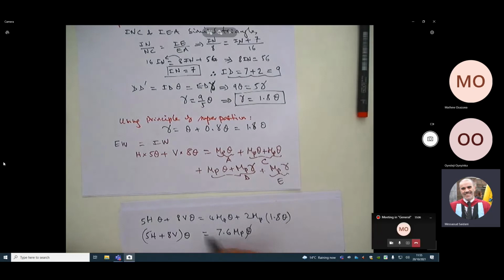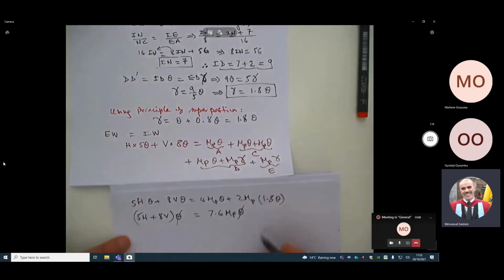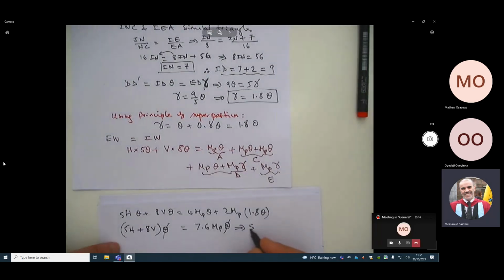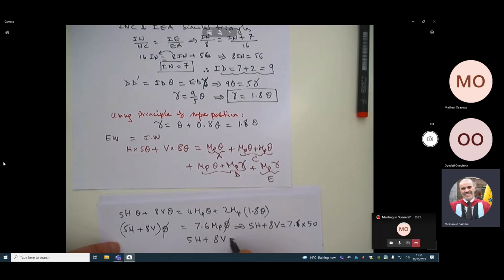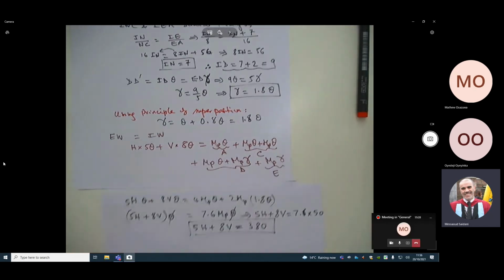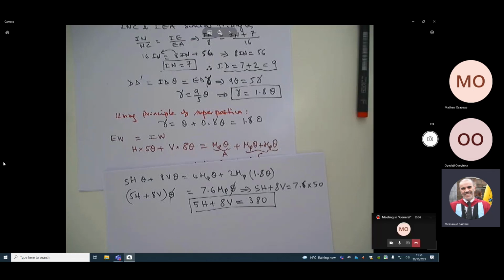The theta and theta cancel, so we have 5H plus 8V equals 7.6 times 50, which is 380.